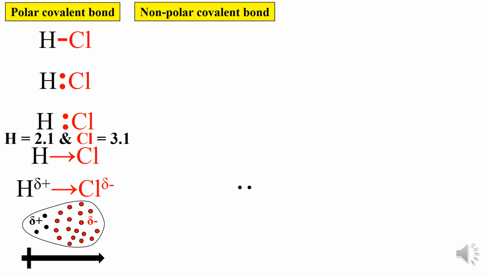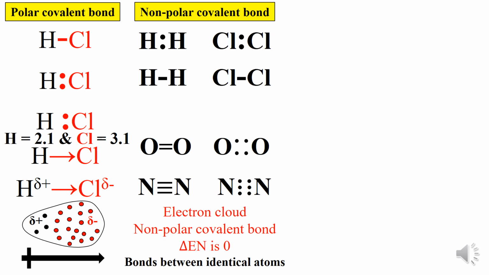Moving on to the non-polar covalent bond. Now, non-polar covalent bond is usually seen in homoatomic molecules. So what are homoatomic molecules? Homoatomic molecules are the molecules where you find bonds between identical atoms.